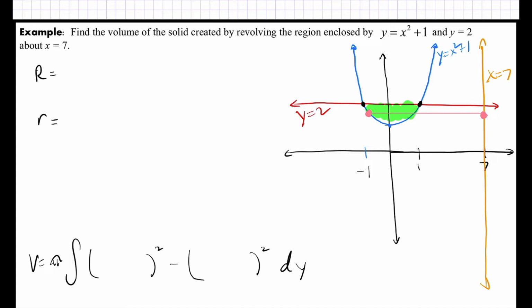Okay, yep. So when we do that, we usually go top minus bottom, right? But because this is in a different direction, we can't go top minus bottom. So instead, I believe we go right.